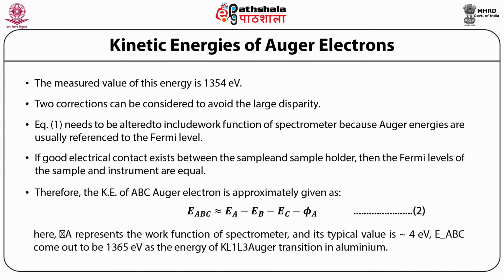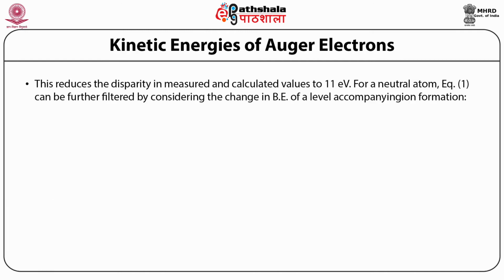Here, phi a represents the work function of the spectrometer, and its typical value is 4 electron volts. EABC comes out to be 1365 electron volts as the energy of the K L1 L3 Auger transition in aluminium. This reduces the disparity between measured and calculated values to 11 electron volts.